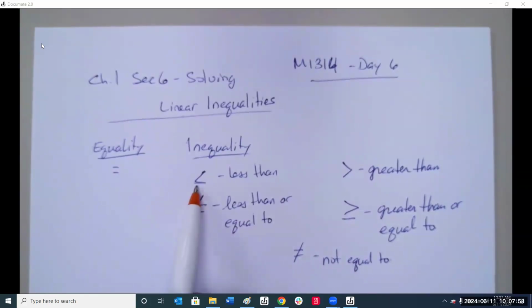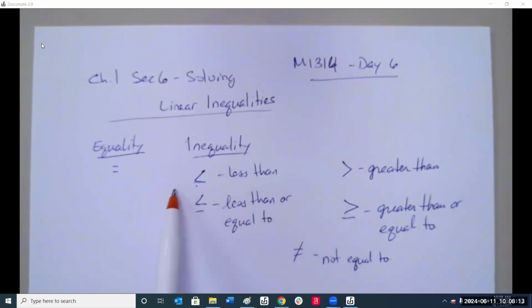But why is this one less than and this one greater than? How do we read math statements? From left to right. So this number is less than this number. This number is greater than this number. So you read left to right.